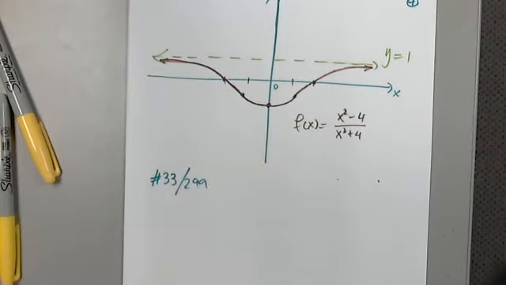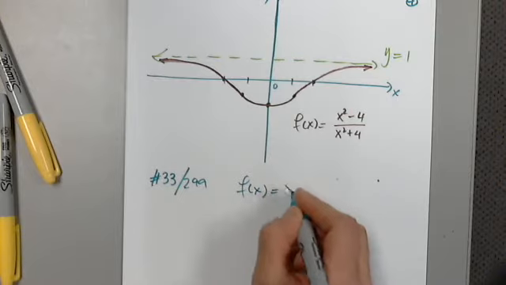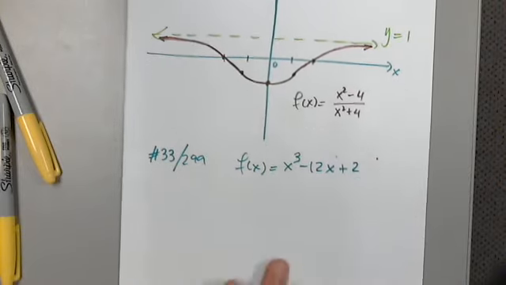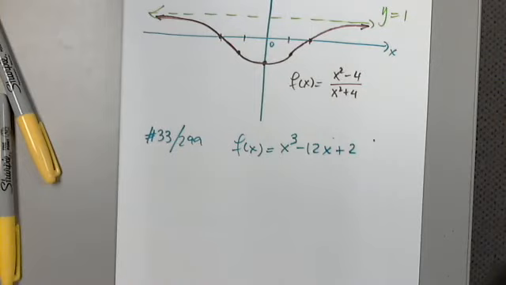There are many other types of problems that we're going to look at, but let's look at x cubed minus 12x plus 2. We want to determine everything. By everything we mean limits, x-intercepts, y-intercept, first derivative, max min, increasing, decreasing, inflection points, concavity, second derivative, and the graph.